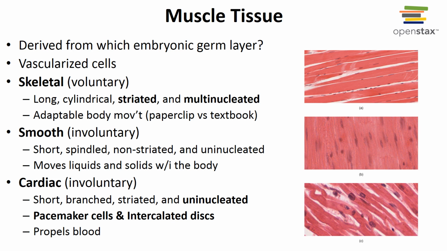Smooth muscle moves food, urine, and reproductive secretions, as well as controls the diameter of respiratory passageways and regulates the diameter of blood vessels. The third type of muscle tissue is cardiac muscle tissue, which is found only in the heart. The cells are short and branched, usually uninucleated, but occasionally can be binucleated.